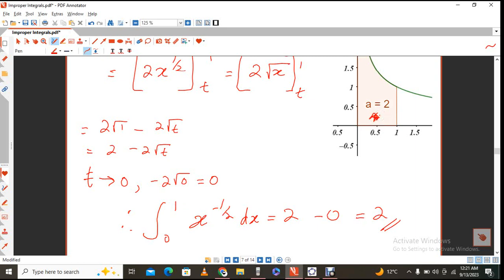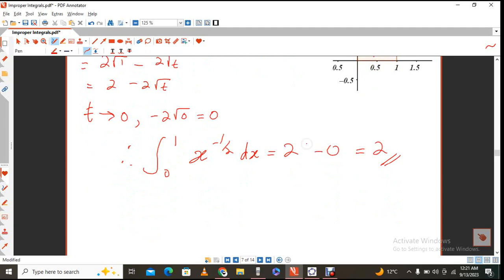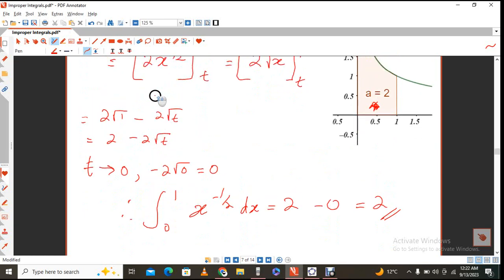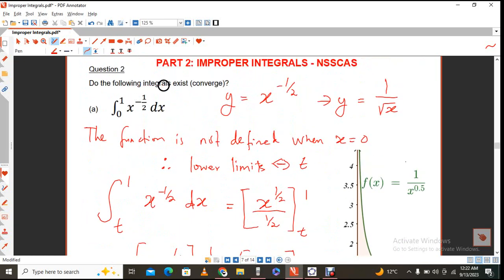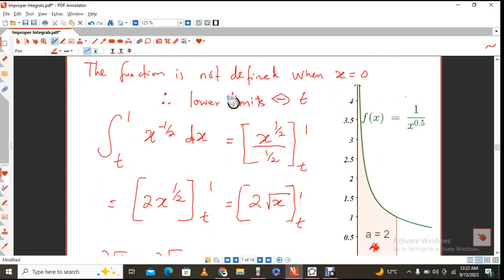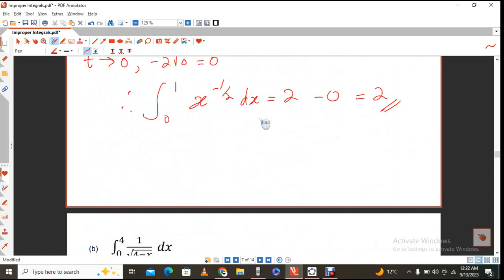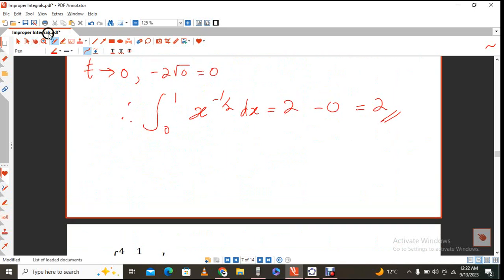So now you can conclude, because the question was asking, do the following integrals, does it exist? That means ultimately, does it converge? So the conclusion here would be, hence the limit exists and is finite.